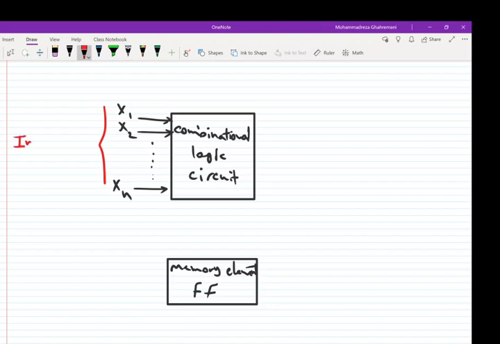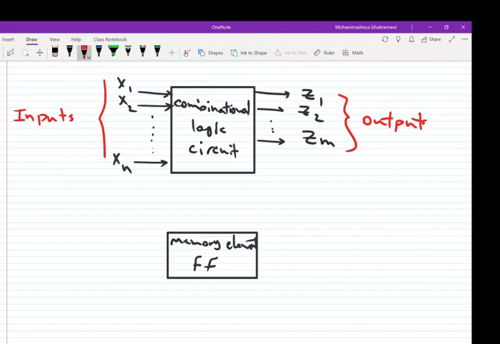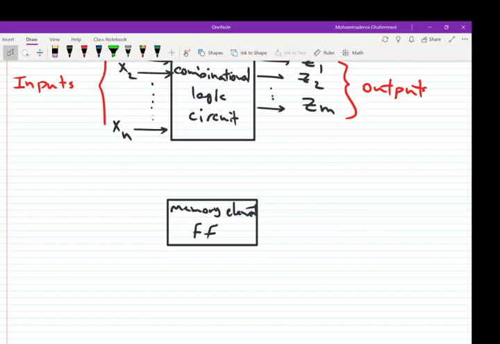We have outputs from the combinational circuit, which are Z1, Z2 up to Zm. These are outputs. We have some signals moving from the combinational part of the circuit to the flip-flop.